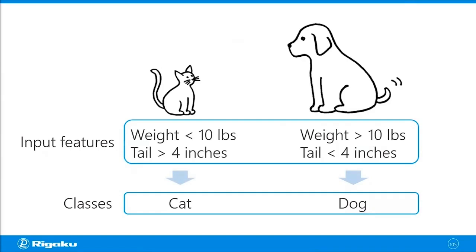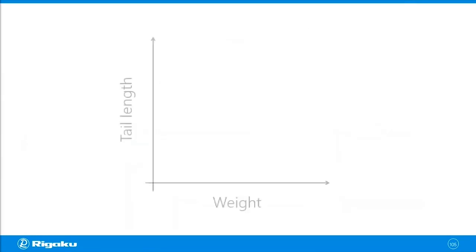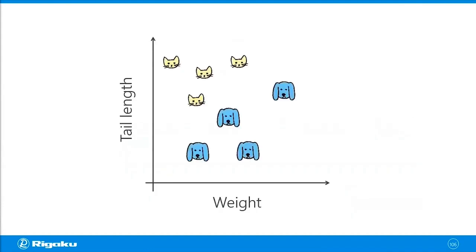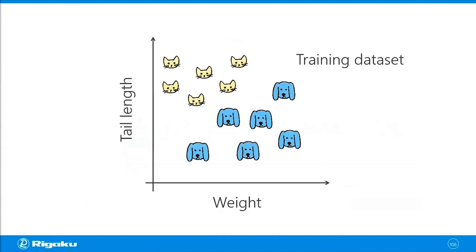Now, how do we go around this same problem if we were to use machine learning? Let's make a map of the weight and tail length and pick some data points from the database and put them on this map. This is called the training data set. You label them with cats and dogs.